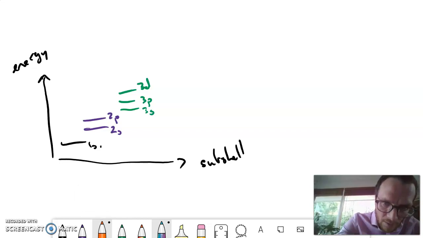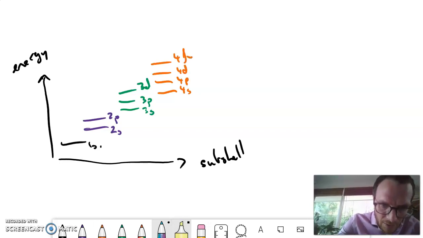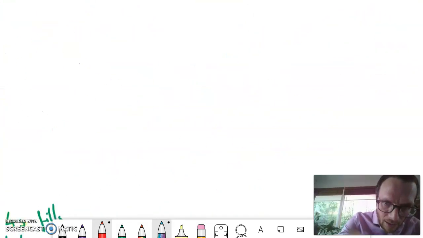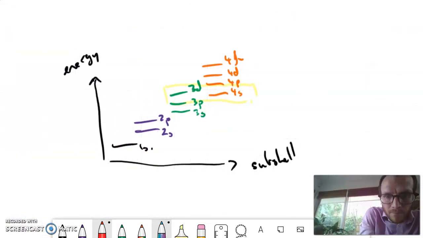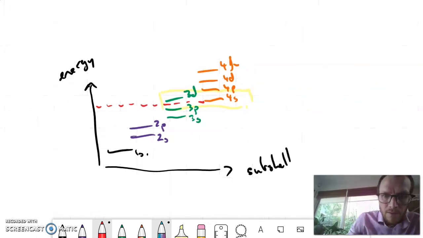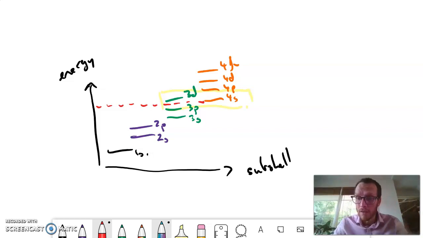Then we jump to 4: 4s, 4p, 4d, 4f. And what I want you to notice is we can see that there is overlap and that the 4s is actually at a slightly lower energy level than the 3d. So there's that overlap there.